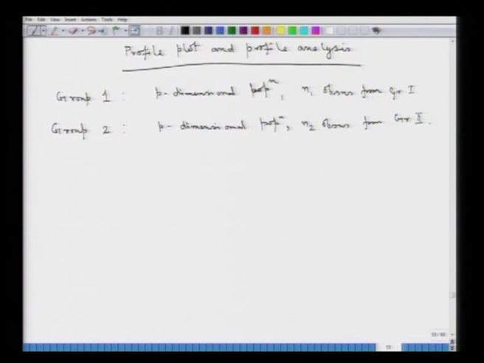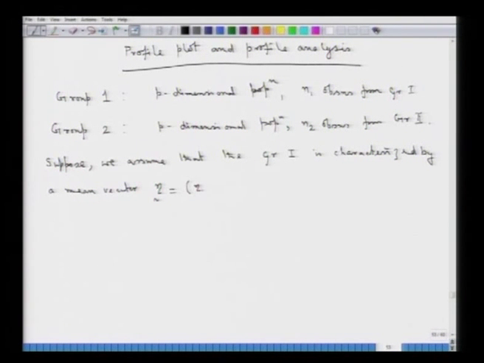Now suppose we assume that group 1 in the population is characterized by a mean vector, say eta, which is equal to eta 1. There are p characteristics in that population.